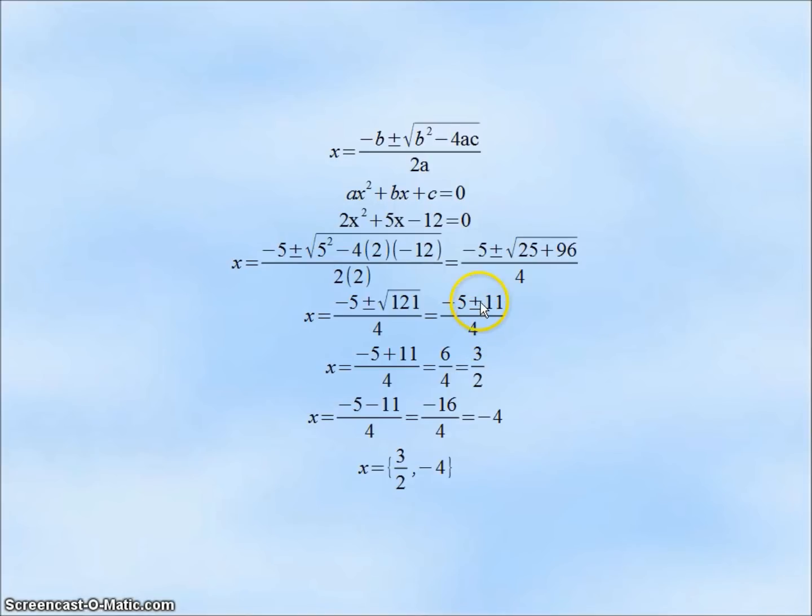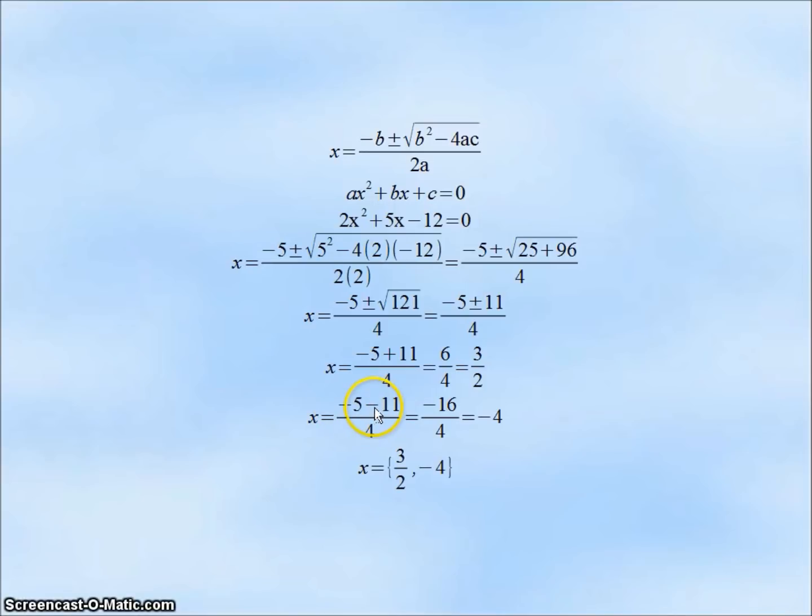Let's take the plus choice first. X equals negative 5 plus 11 all over 4. Negative 5 plus 11 is 6 over 4, which reduces to 3 over 2. Not so bad, really. Let's take the minus choice.